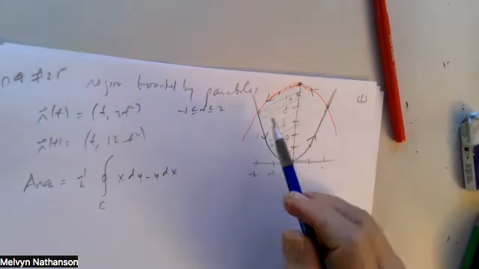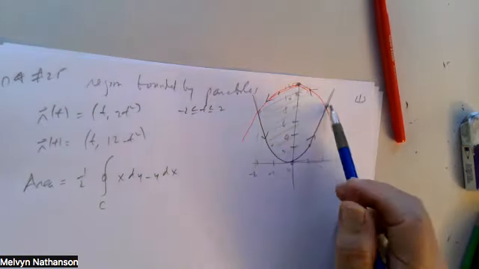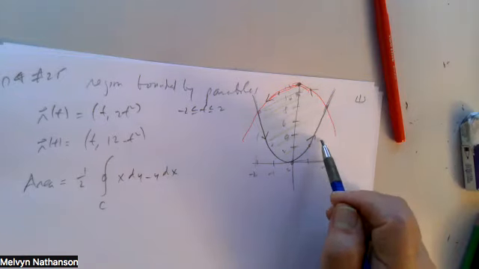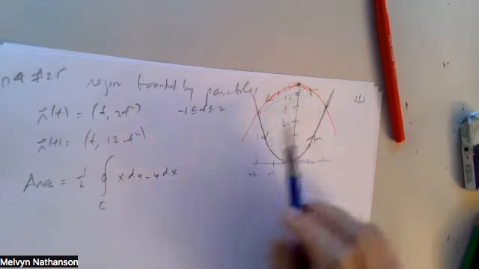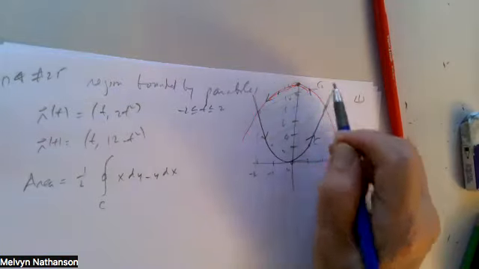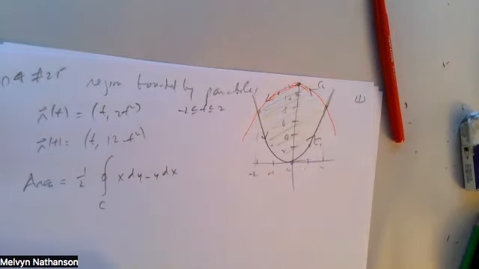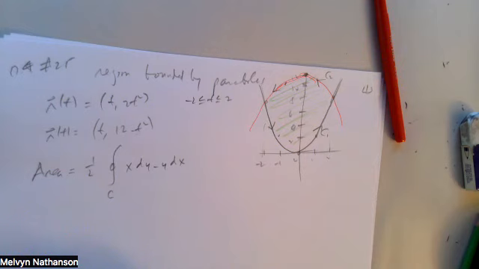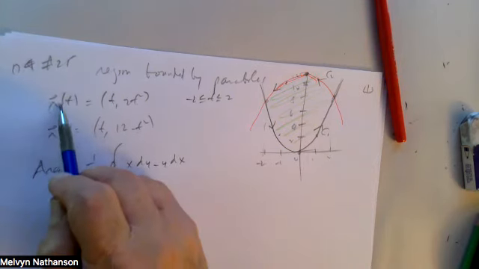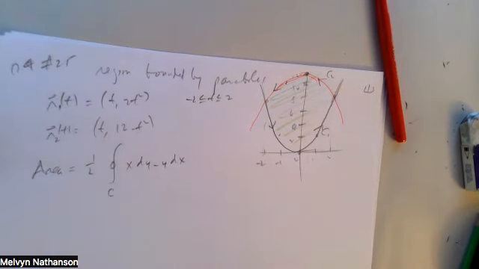So the region is divided into two parts, the bottom piece and the top piece. Let's call this C1 and the top piece C2. So the bottom piece, this is R1 of t, and call this R2 of t.